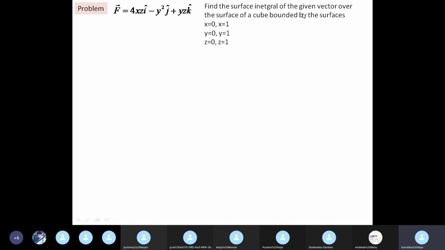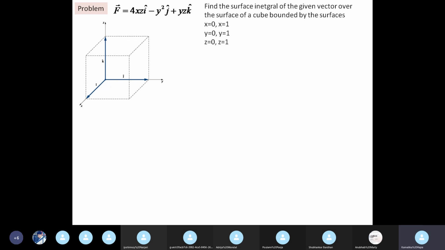Find the surface integral of the given vector over the surface of a cube bounded by the surfaces x equal to 0, x equal to 1, y equal to 0, y equal to 1, z equal to 0, z equal to 1. This is what I am talking about.